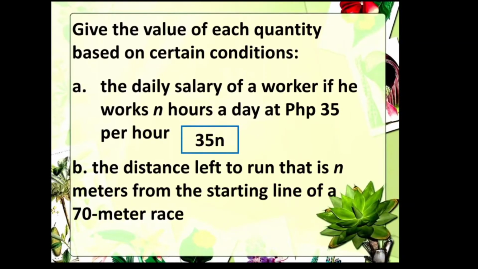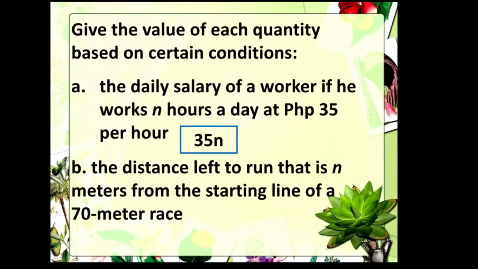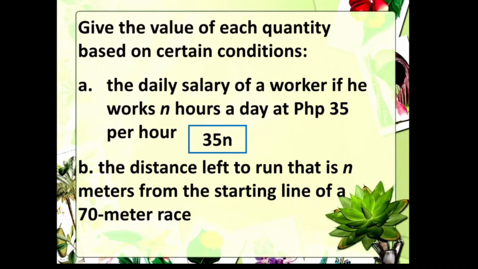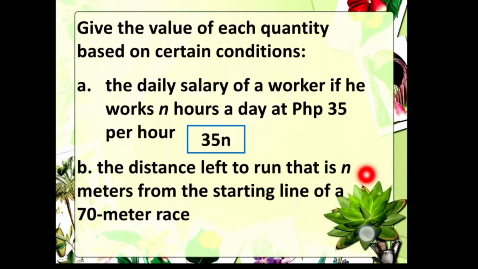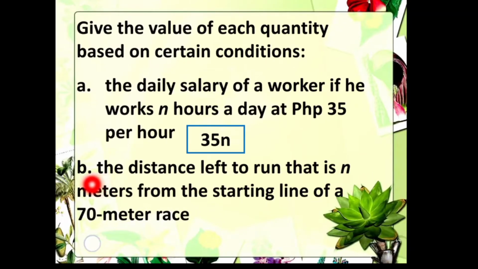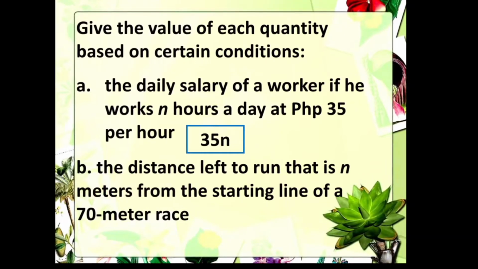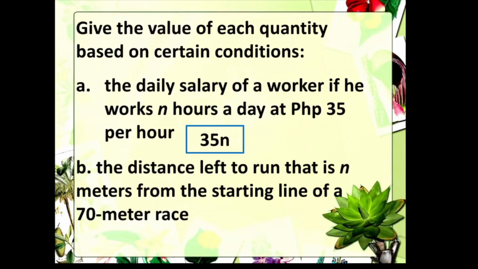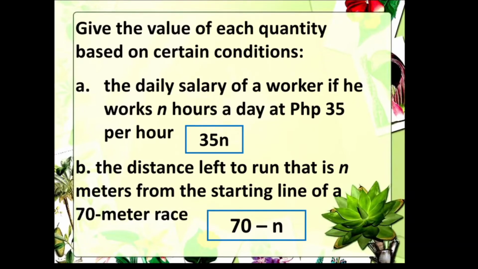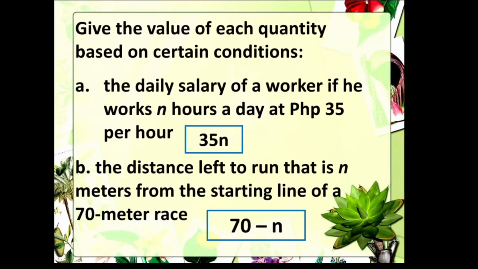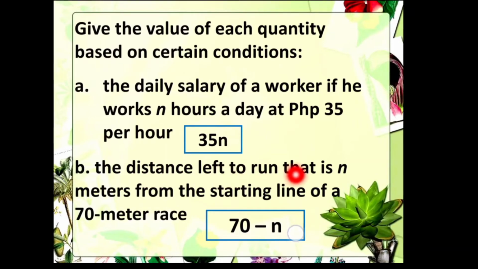So we will subtract from 70, the total meters of the race, the number of meters we ran from the starting line. Here, the number of meters is n. Therefore, our answer is 70 minus n, to obtain the distance left to run.